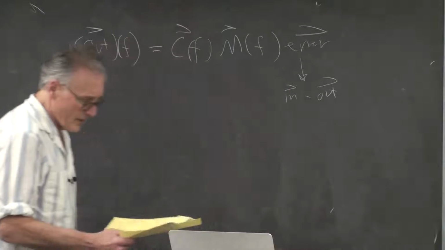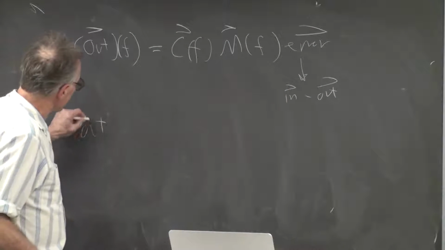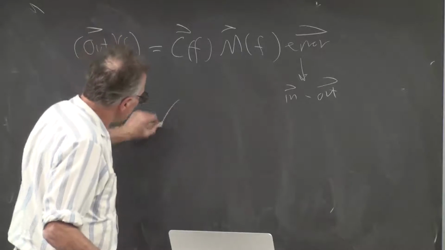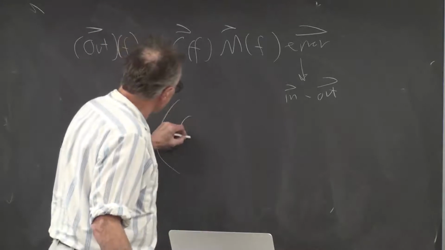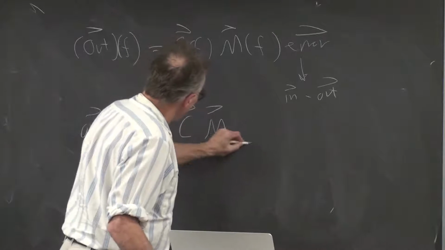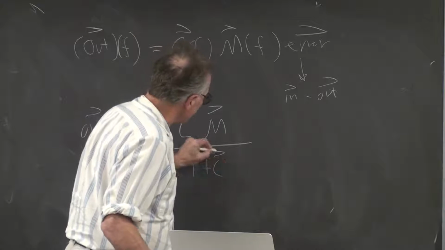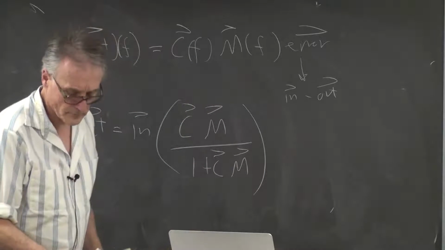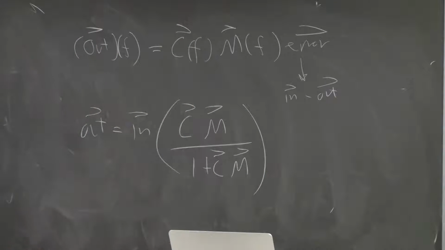And we can solve this and find out that out is equal to in times C times m over 1 plus C times m. You can't mess with the motor function. That's a fixed piece of the motor itself.